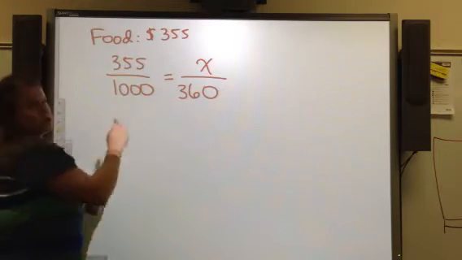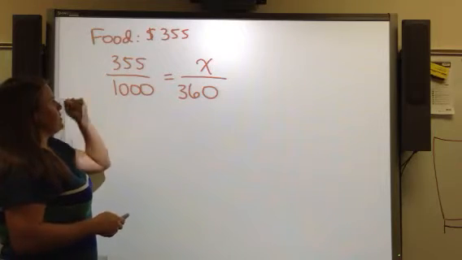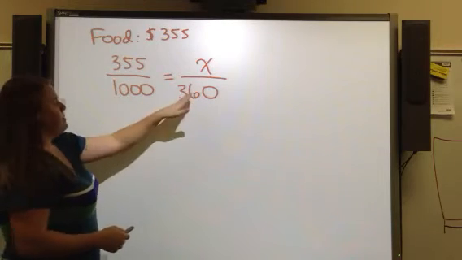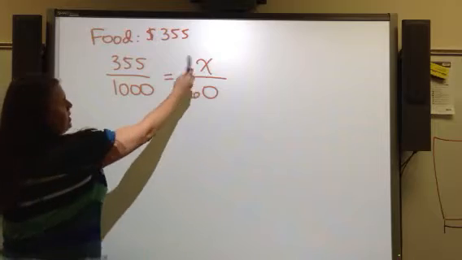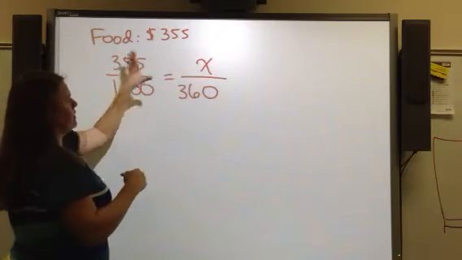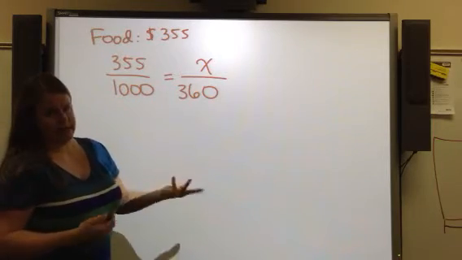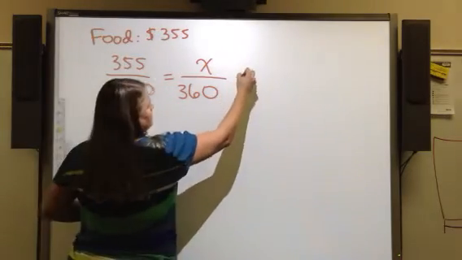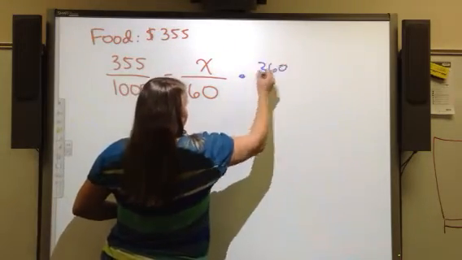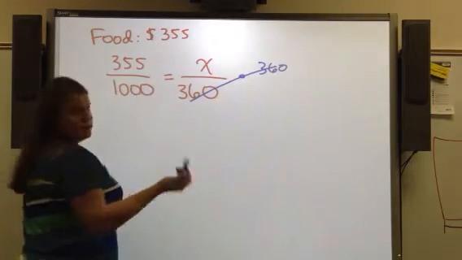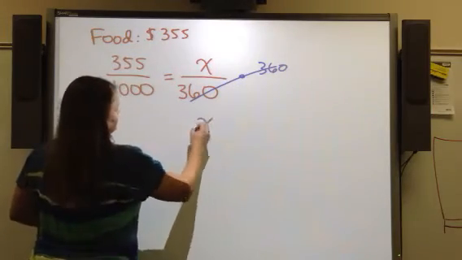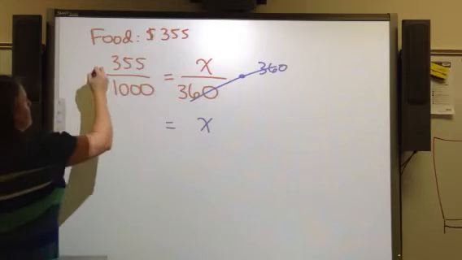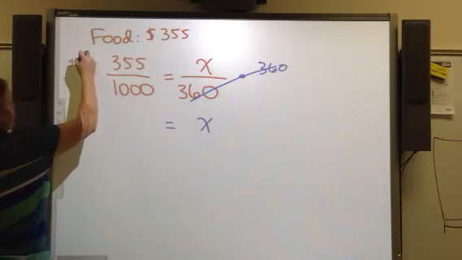So if I'm trying to make a circle graph displaying $355, I'm going to make it equal to 360. And I don't know how much of the value is the circle. So I'm going to solve for x by multiplying each side by 360 like we've been doing with our equivalent fractions and solving with ratios. Do the same thing over here.